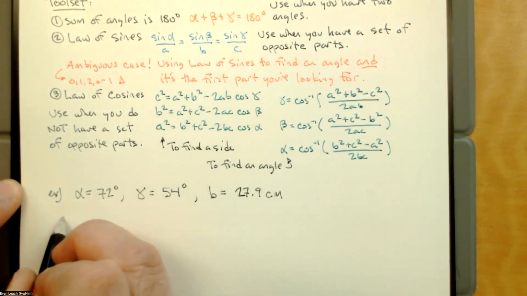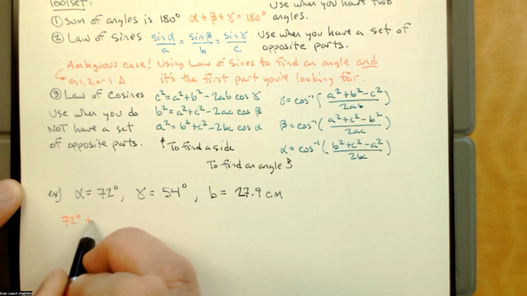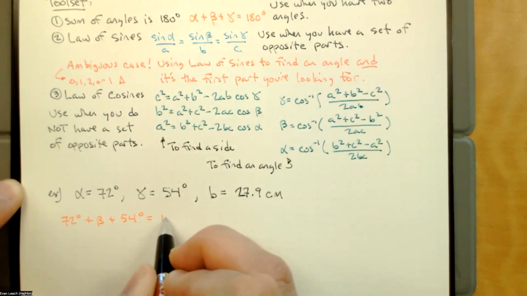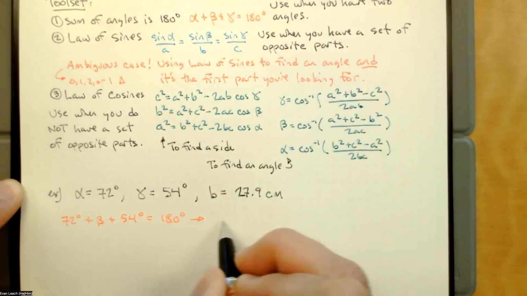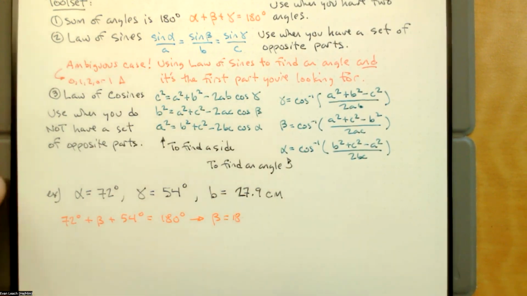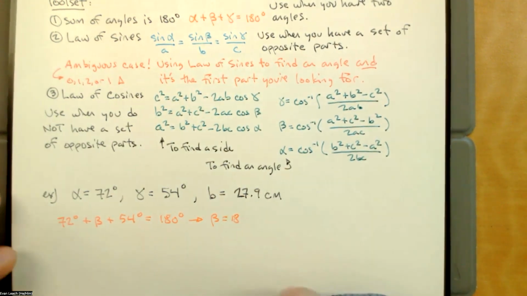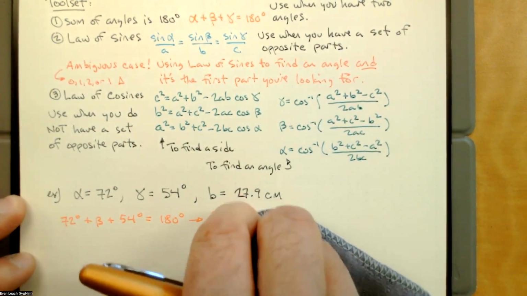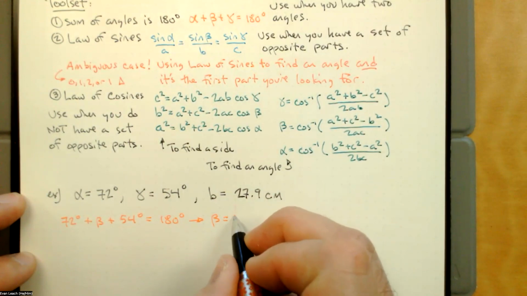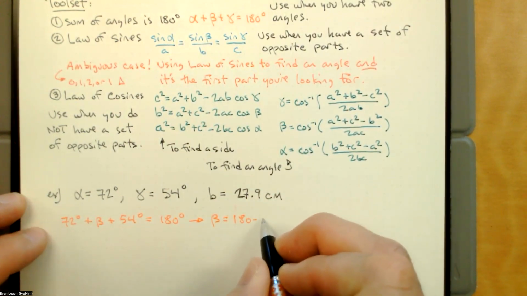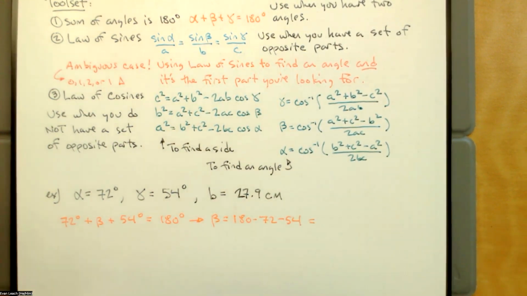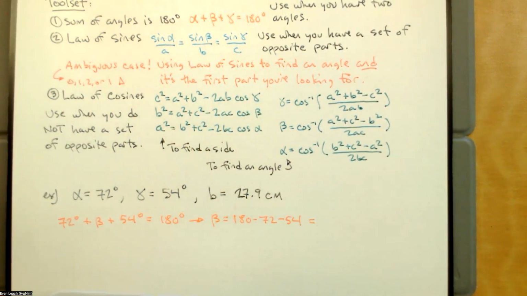So 72 plus beta plus 54 is 180 degrees. As soon as we know two angles, we should subtract to find the third angle.